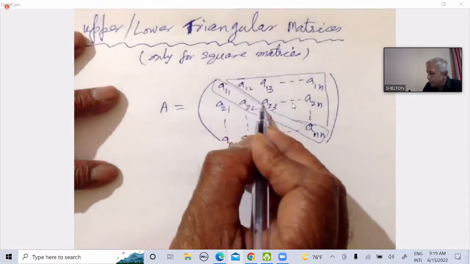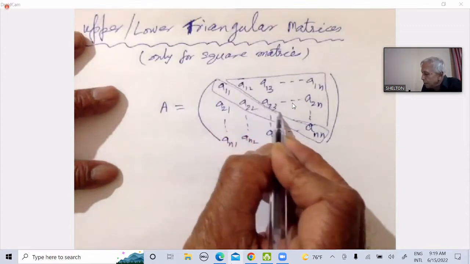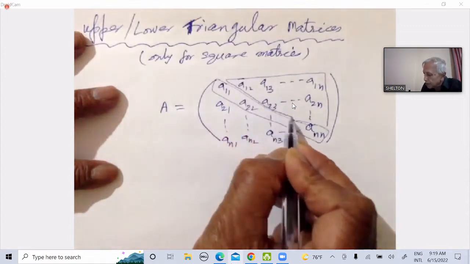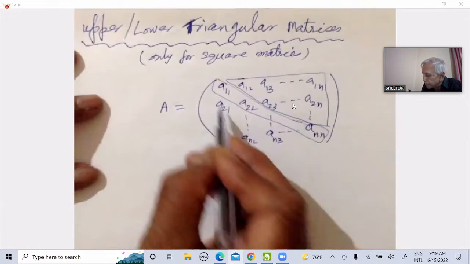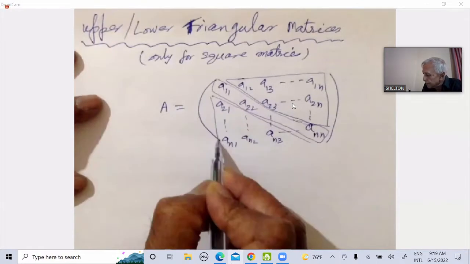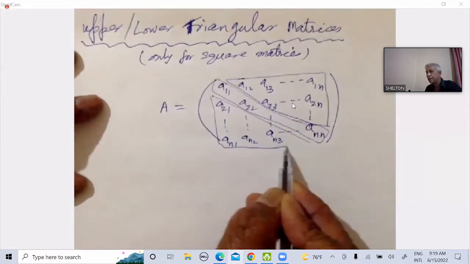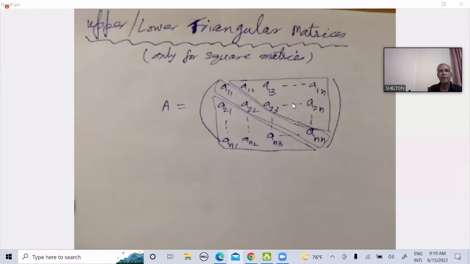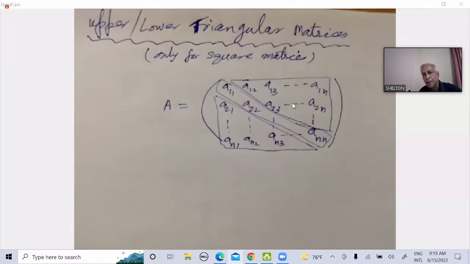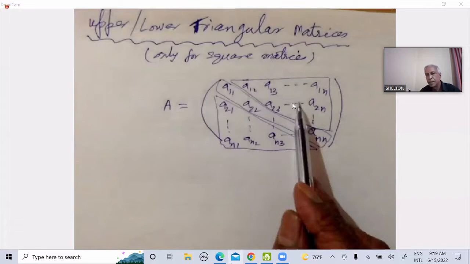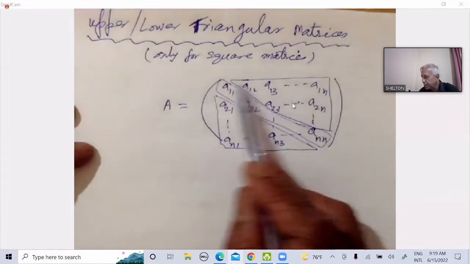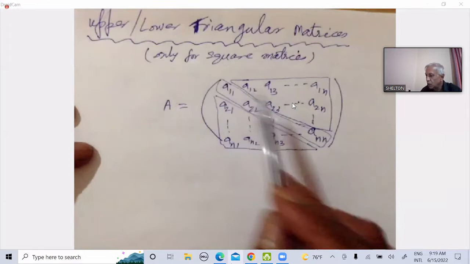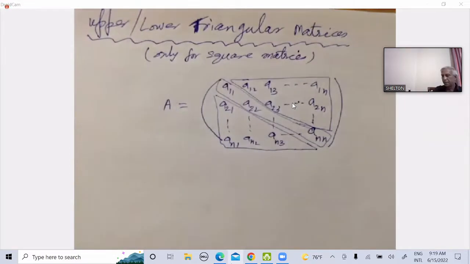Triangle above, I said. Triangle below is this. Okay. This is the upper triangle. This is the lower triangle.